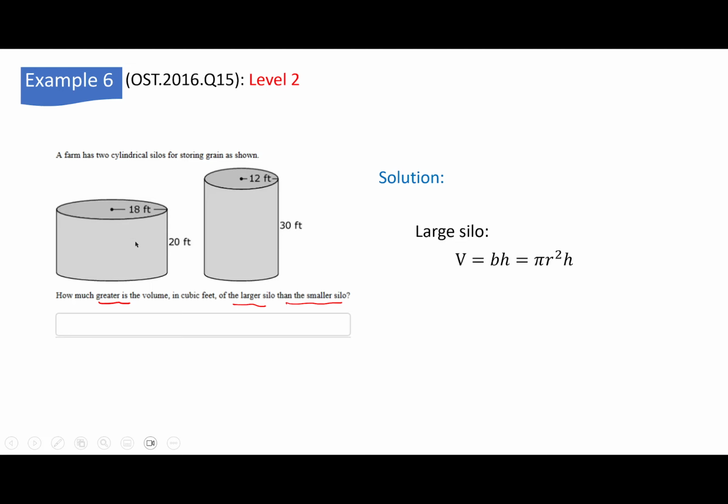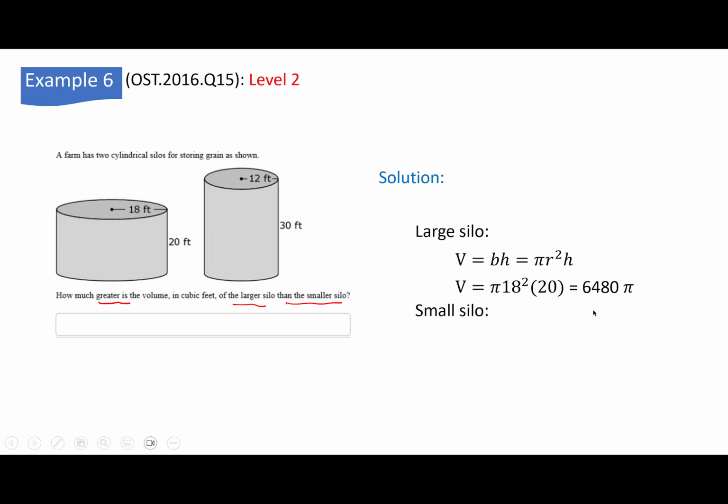Volume is base times height, pi r squared times h. R is given as 18, h is given as 20. In this example, I'm going to leave pi alone. Okay? So you replace here, you get 6,480 pi.